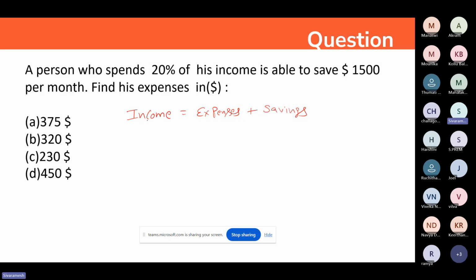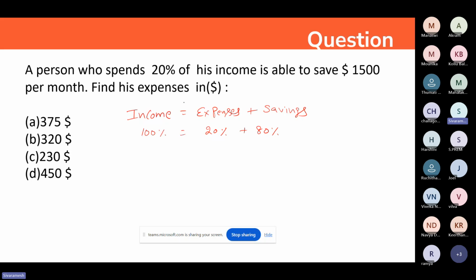Now what they're talking about is a person who spends 20% of his income is able to save 1,500. Let's assume the income he is earning is 100%. 100% means he's spending 20%. Now he's saving 80%, correct? So 100% income means 20% is expenses, 80% is savings.